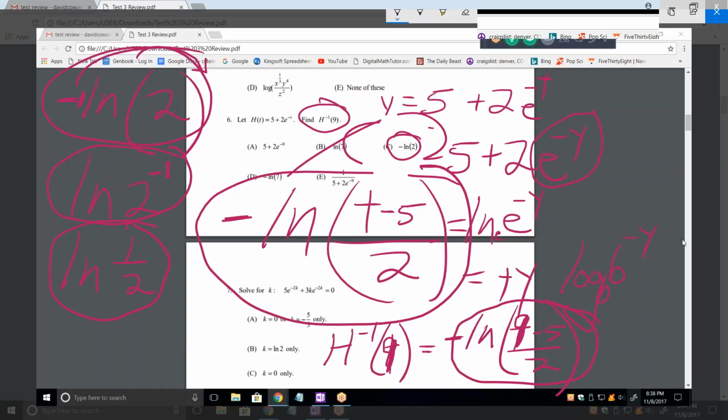And just a little tip about logs. If you take the log of a number greater than 1, you get a positive answer. If you take the log of a number between 0 and 1, you get a negative number for an answer. Well, 1/2 is between 0 and 1. So this is going to give us a negative number. But so will this one up here. That was minus the log of 2.